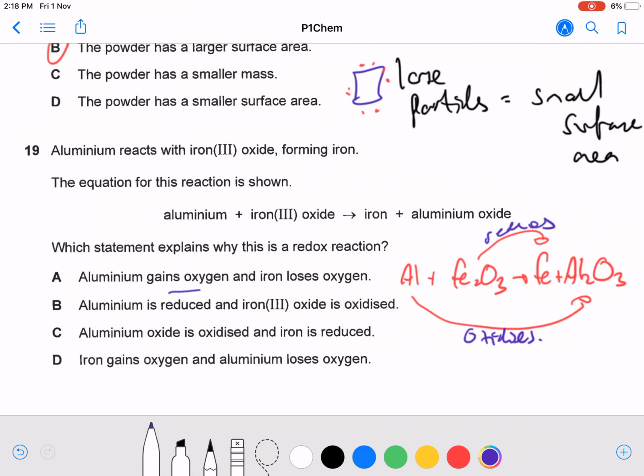So does aluminium gain oxygen and iron lose oxygen? I quite like that one, because it does. Is aluminium reduced? No, it's oxidized, it's not that one. Aluminium oxide is oxidized? No, it's on the wrong side of the equation. And iron gains oxygen? No, it loses oxygen, we said that here. So the answer was A.